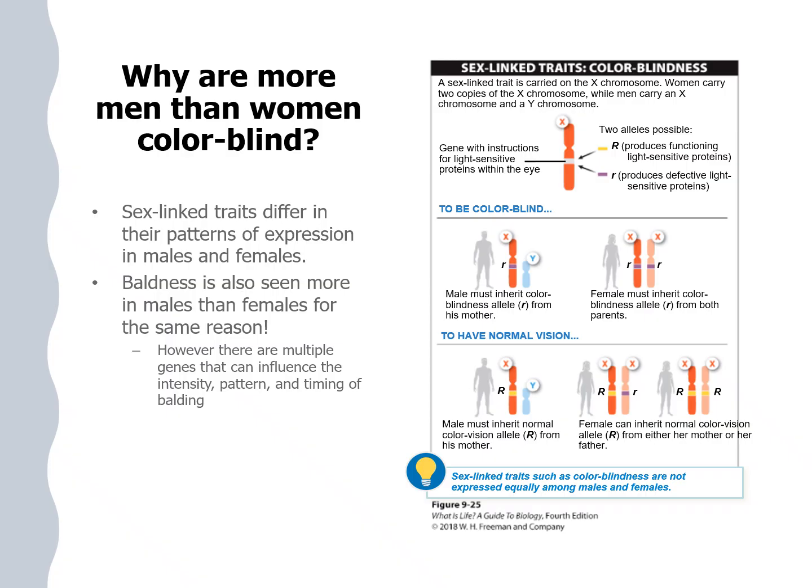So what we see with these sex-linked traits is a higher likelihood of males displaying that recessive trait. This is why we call it a sex-linked trait. And they display that unfortunate condition. Usually it's an unfortunate condition. Another example would be baldness.